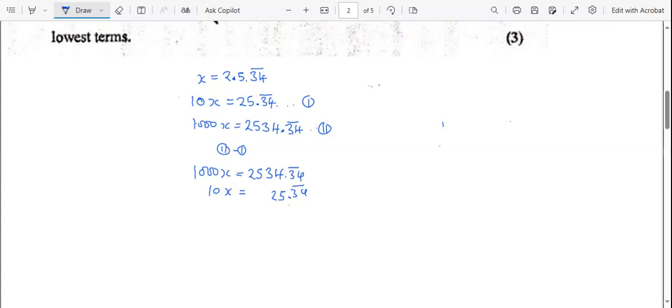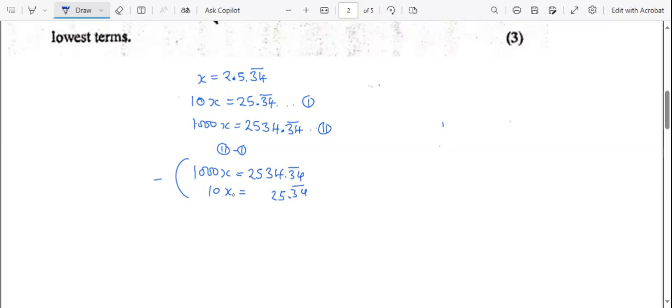So from there you subtract equation 1 from equation 2, this one minus that, and the decimal parts cancel.